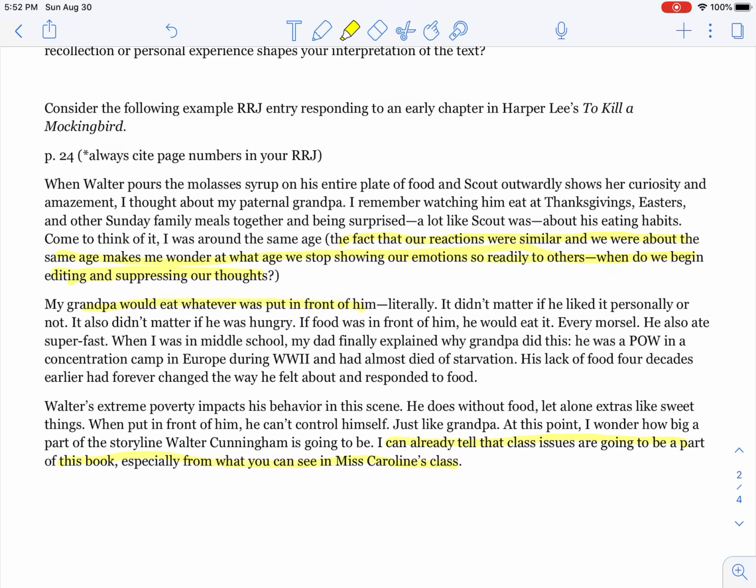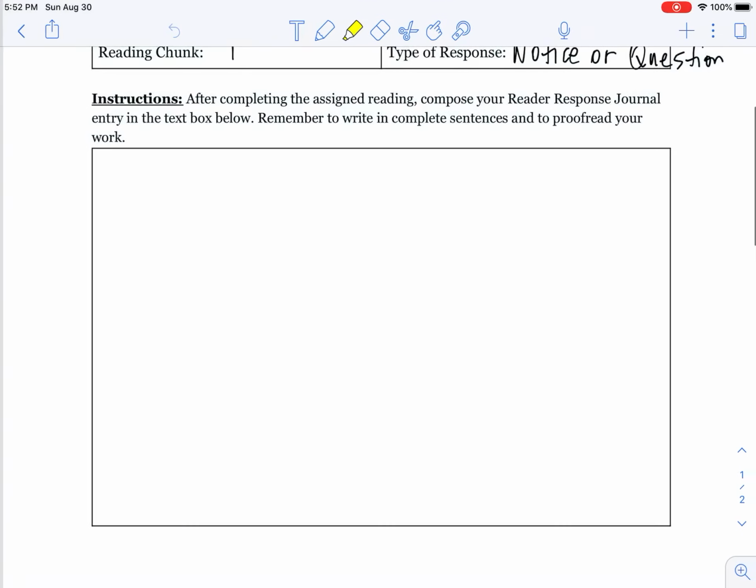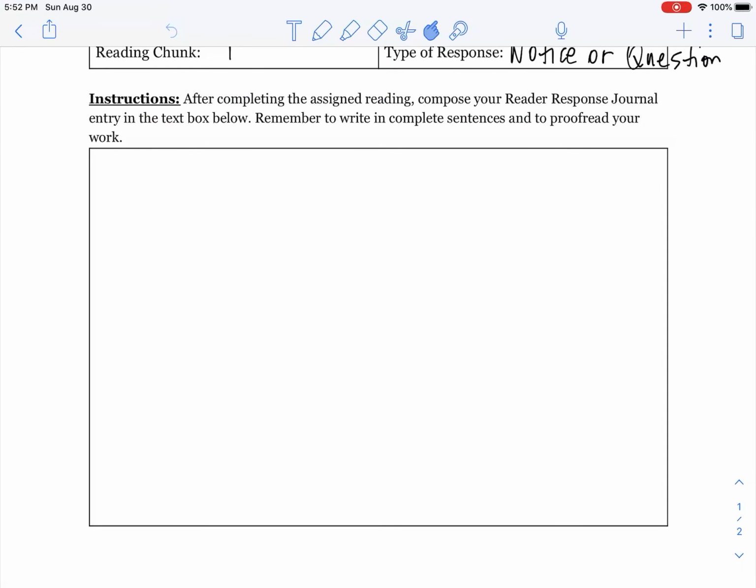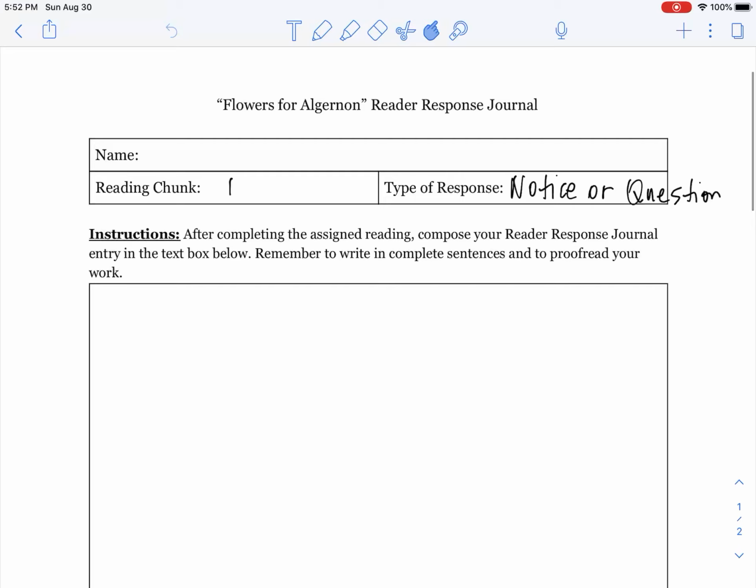And then I share about how I learned the reason why my grandpa would just eat everything in sight, whether he was hungry or liked the food or not. And then I made a connection between my grandpa and how Walter responded to food. So this is the type of entry that you're going to make on the blank reader response journal. You'll type it directly into this text box.